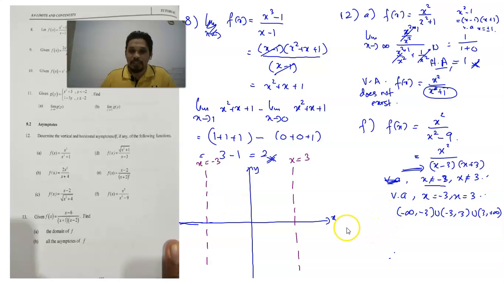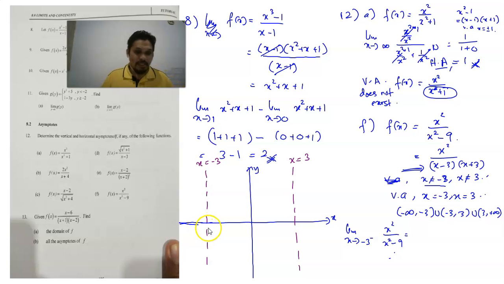So, the limit of x approaching negative 3 from the left of the function x squared divided by x squared minus 9. Negative 3 squared, and squared here. Just imagine negative 3 from the left, negative 3.1.